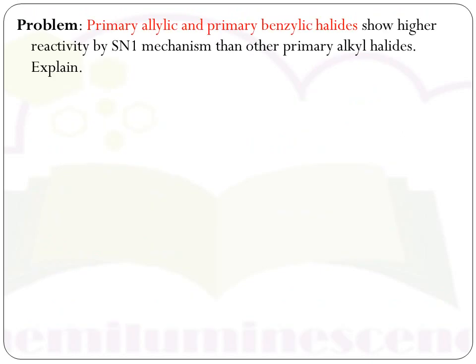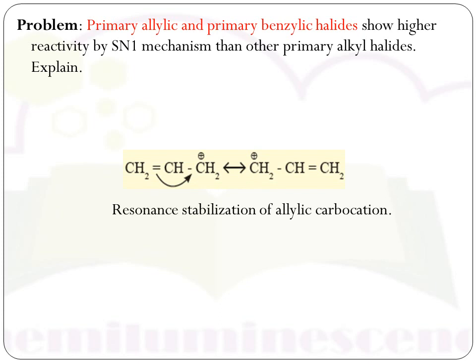The question is: primary allylic and primary benzylic halides show higher reactivity by the SN1 mechanism than other primary alkyl halides. Explain. We know that the transition state of the SN1 mechanism involves a carbocation. Let's see the carbocation of this species. This one is a primary allylic carbocation.